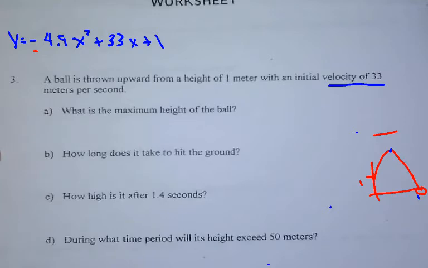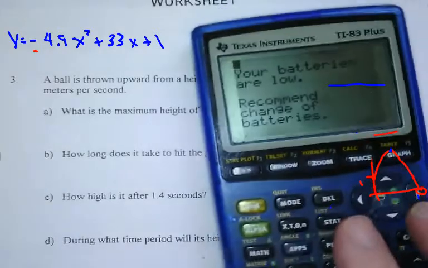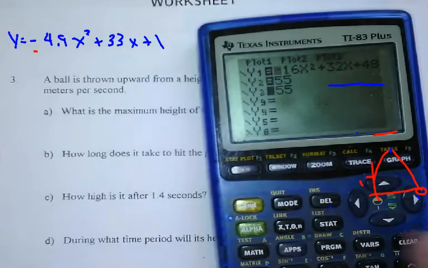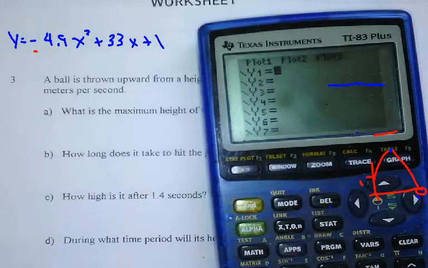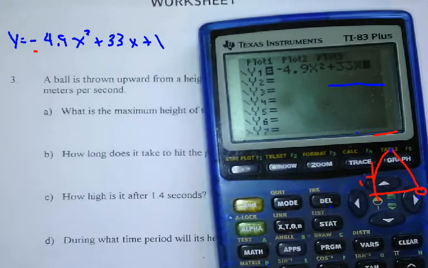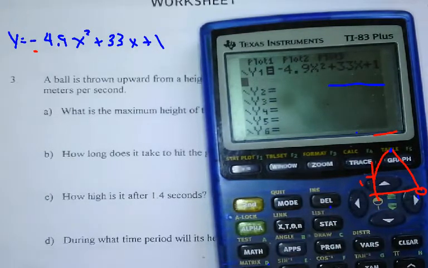How long does it take to hit the ground? That's the x-intercept, where you put 1.4 into the problem. And then, when will it exceed 50? So, let's look and see. I need to clear this out, and now I'm entering y equals negative 4.9x squared plus 33x plus 1. That is the deal.